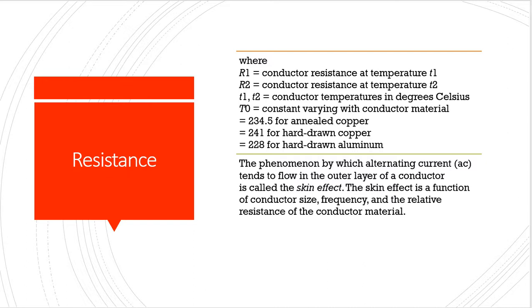The skin effect is a function of conductor size, frequency, and the relative resistance of the conductor material. It means that if the conductor size is large, then the skin effect will be large, because the amount of current flowing in the outer layer will increase.